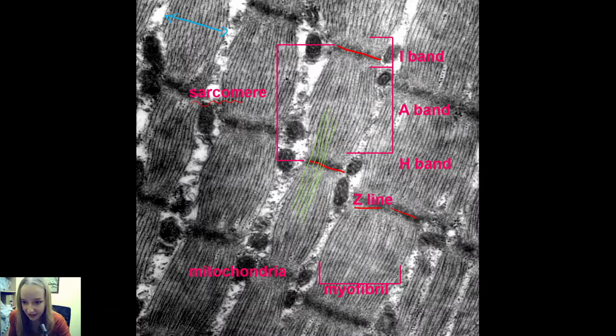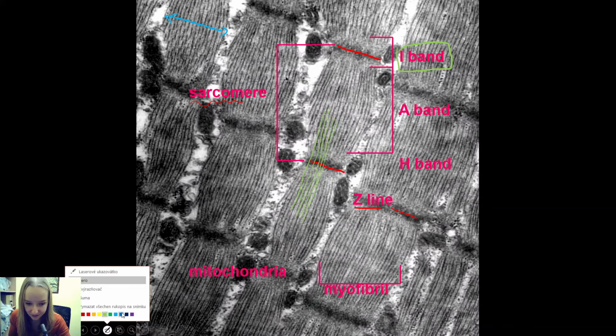And this band, which contains only thin filaments, is called I band, isotropic band. This band with only thin filaments. You can see they're so thin we're not able to see them properly. Then we have this A band, which contains both thick and thin filaments together.